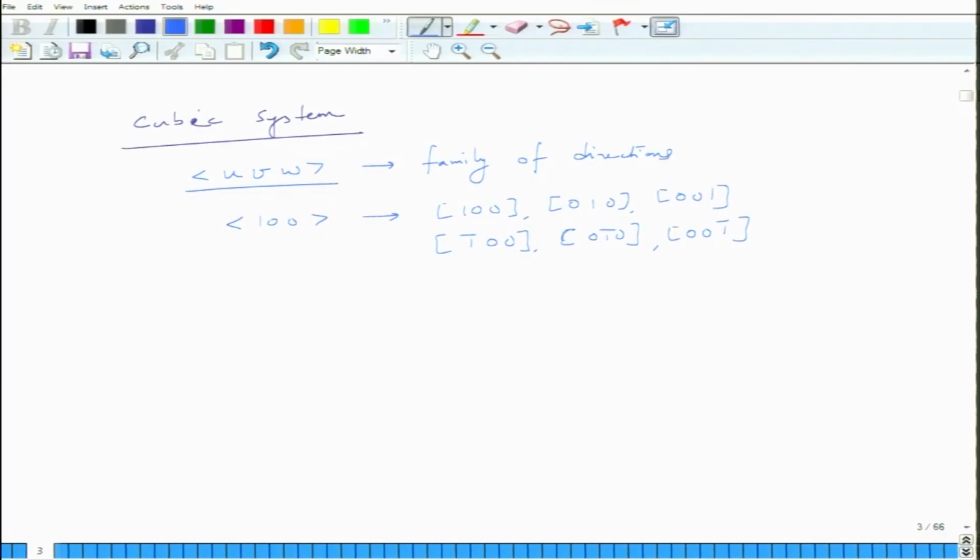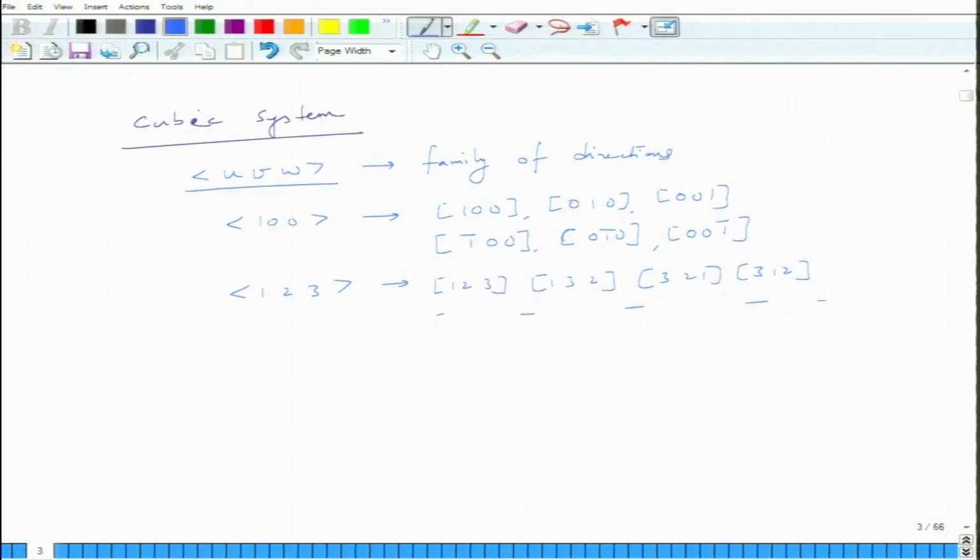Similarly, for let us say the 1 2 3 direction, you can have multiple possibilities. You can have 1 2 3, you can have 1 3 2, you can have 3 2 1, you can have 3 1 2, and so on and so forth. You can keep writing the possibilities and you will reach 48 possibilities, all right.